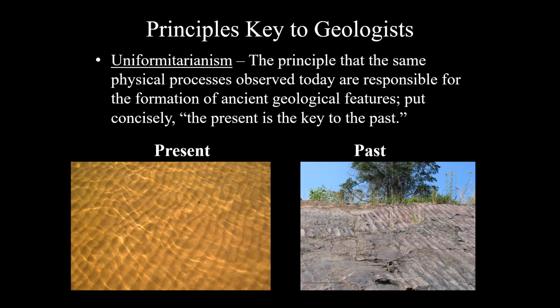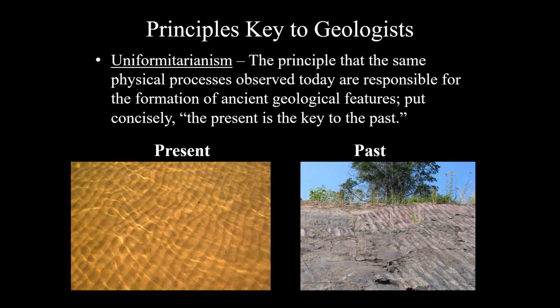For example, if today we observe how ripple marks form, usually with liquid interacting with sediment, and they're symmetrical, that water is usually moving back and forth, for example near wave action. If you've ever been down to a beach and seen the waves lapping onto the shore, you may have noticed that sometimes the sand has these unique ripple marks.